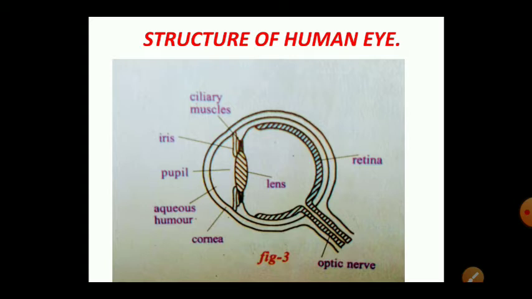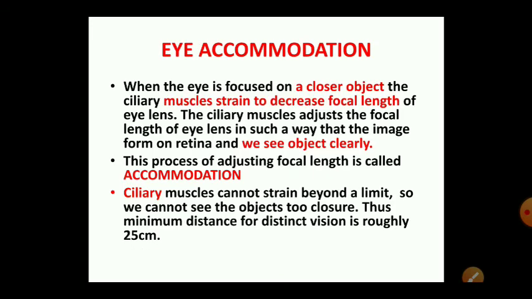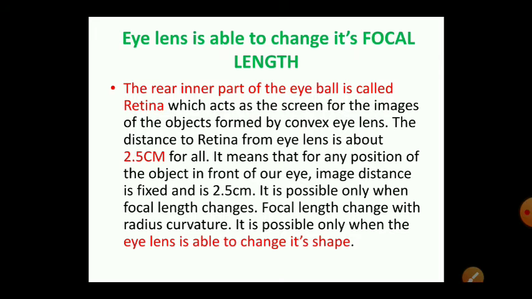The distance to retina from our eye lens is always 2.5 centimeters. Means the image distance is always 2.5 centimeters. But we know that the image distance changes with the object distance.